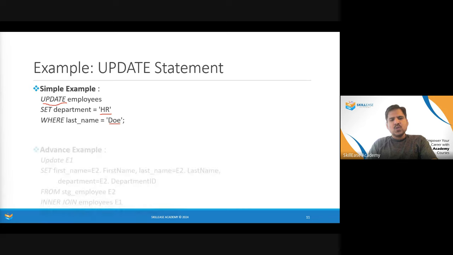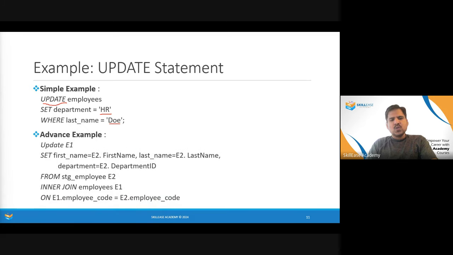Similarly, there could be a case where you want to update the department or the details from the staging table. In that case, what you have to do is update the table which you are going to update, set the column names which are aligned to them.